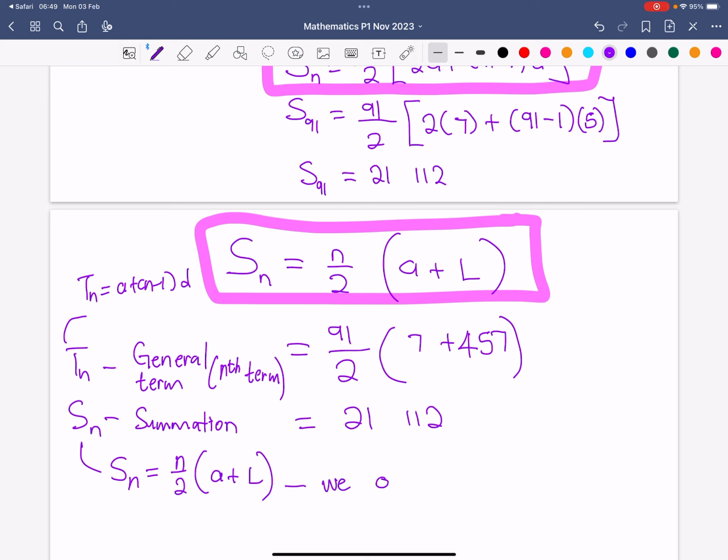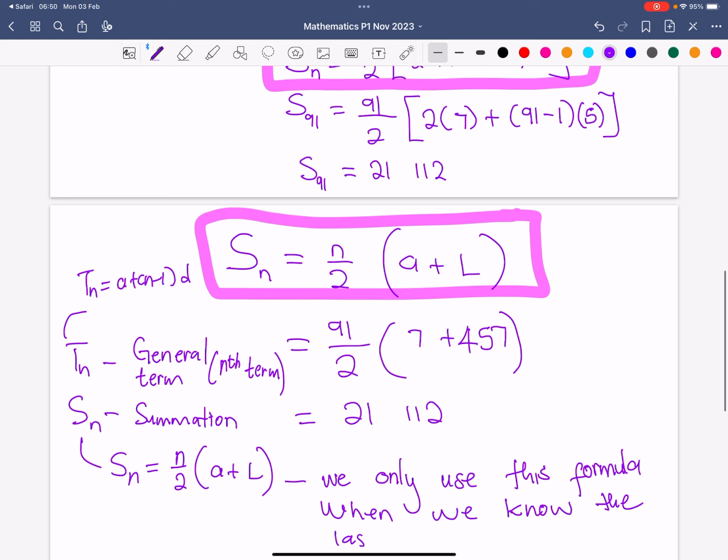We only use this formula when we know the last term.